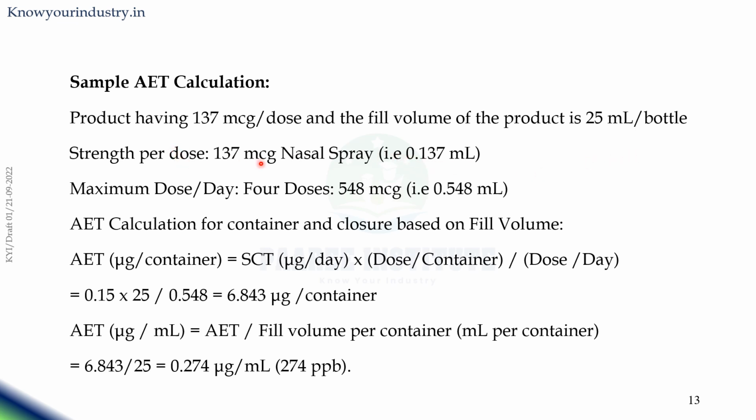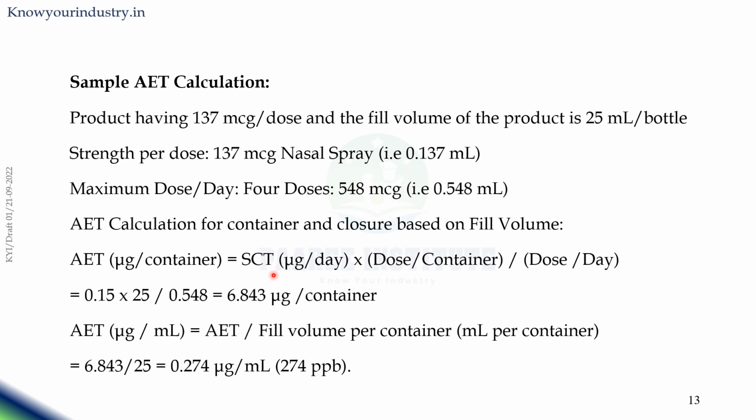The strength is 137 microgram nasal spray, which is 0.137 ml, and your maximum daily dose is 548 microgram, that is 0.548 ml. So the AET will be calculated using the formula: safety concern threshold multiplied by dose per container divided by dose per day.